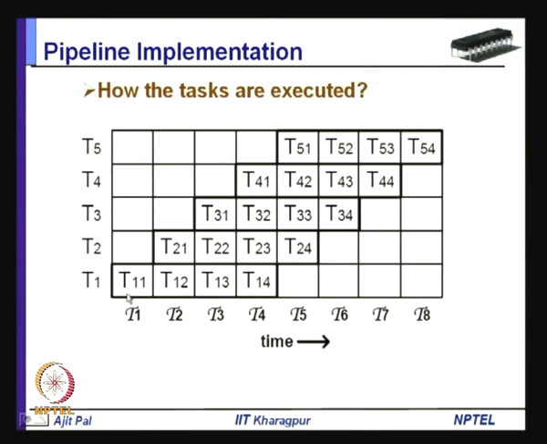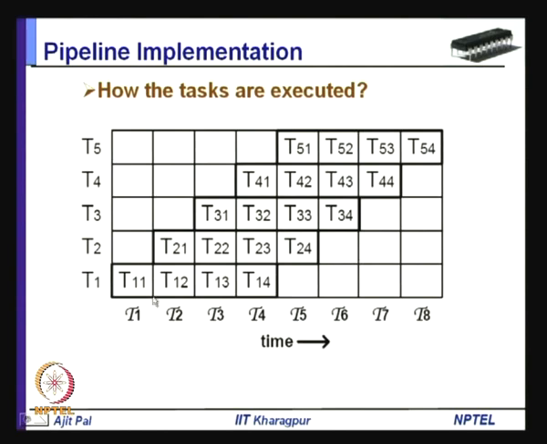For example, if we consider 5 tasks, task T1, task T2, task T3, task T4 and task T5, you can see task T1 is divided into 4 subtasks which are performed in time tau 1, tau 2, tau 3 and tau 4.